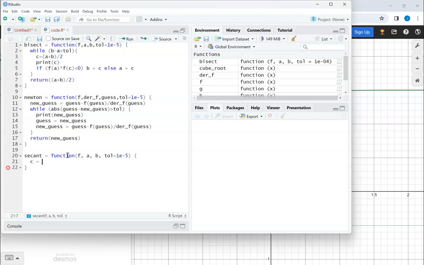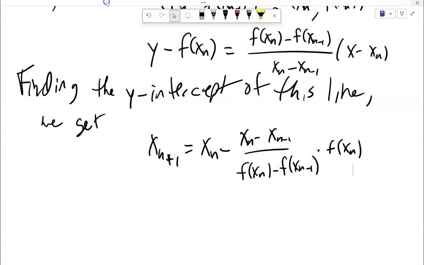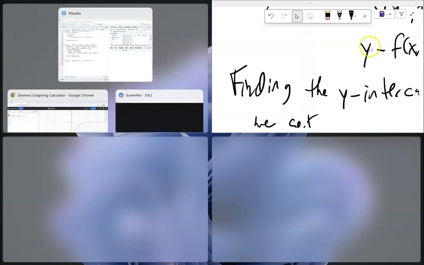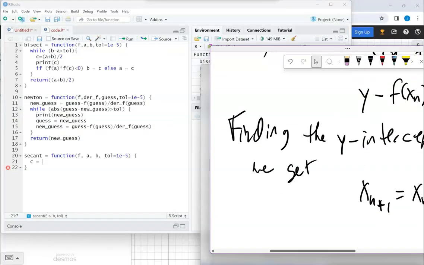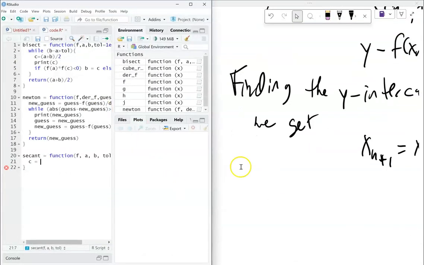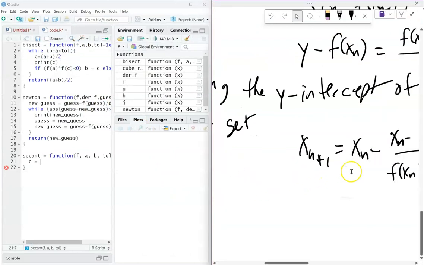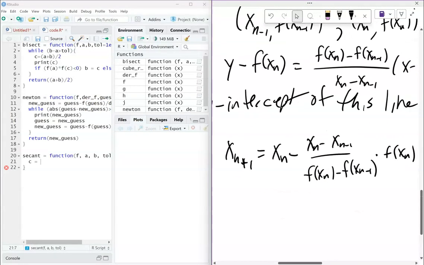I don't have it up on the screen. There we go. There is our formula, right? So the a is the x_{n-1}, and the b is the x_n, right?